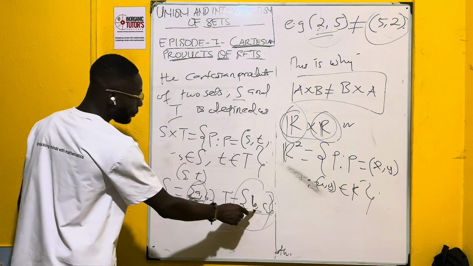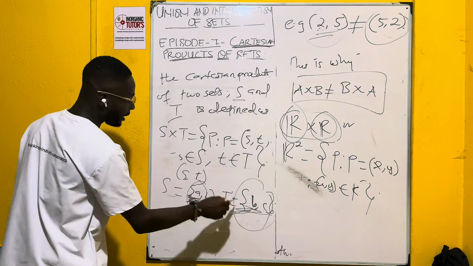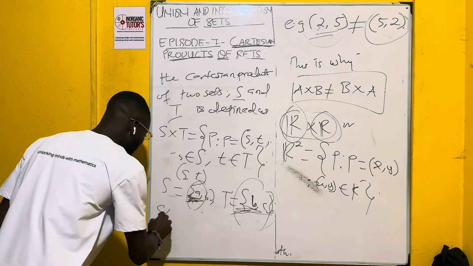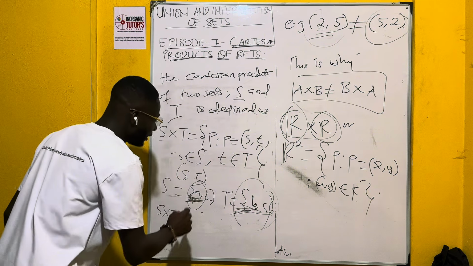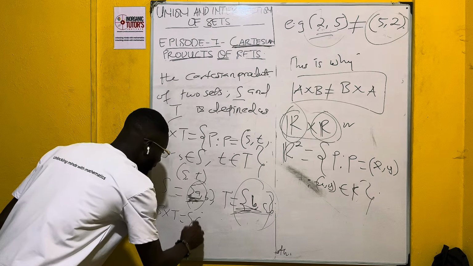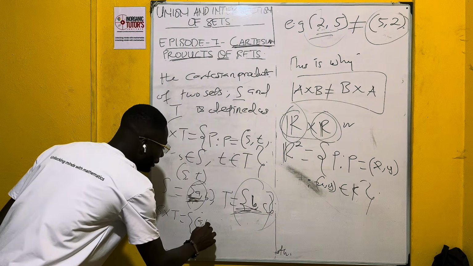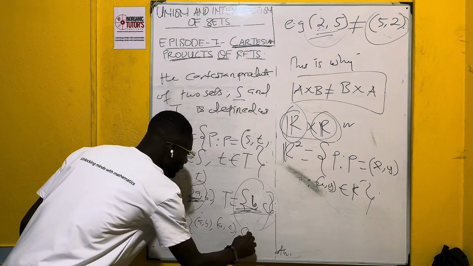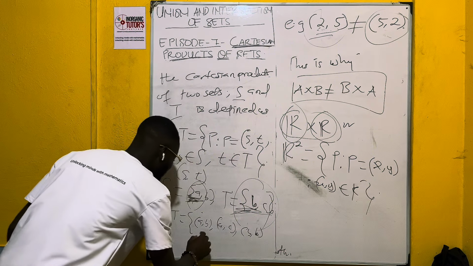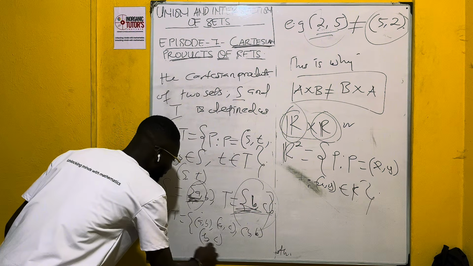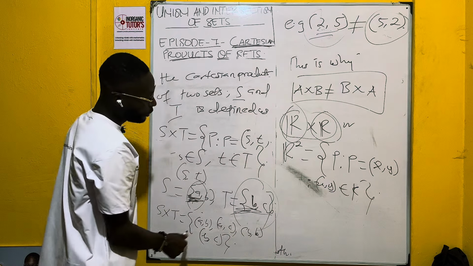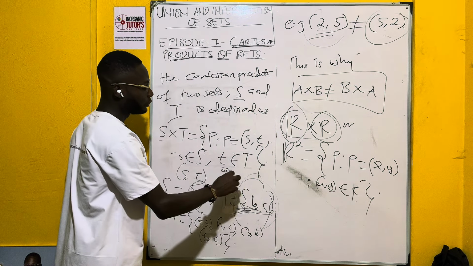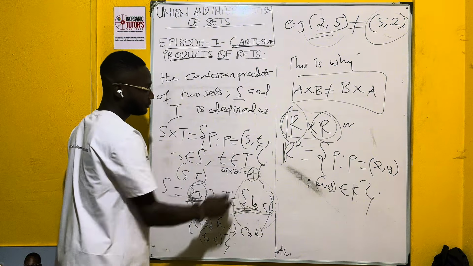If you do the pairing S cross T, we have (A, B), (A, C), (B, B), and (B, C). We have 2 elements here, 2 elements here, so 2 times 2 gives us 4.